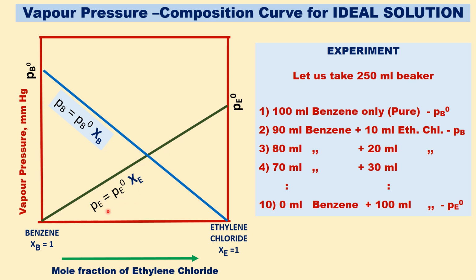This is Raoult's law, used to calculate the partial pressures of ethylene chloride and benzene.